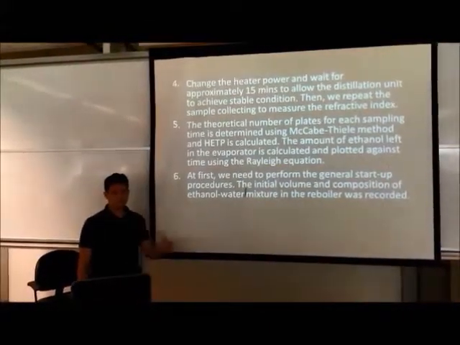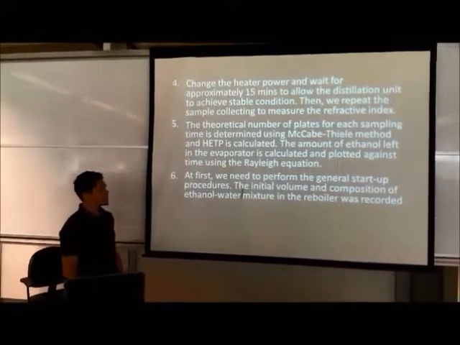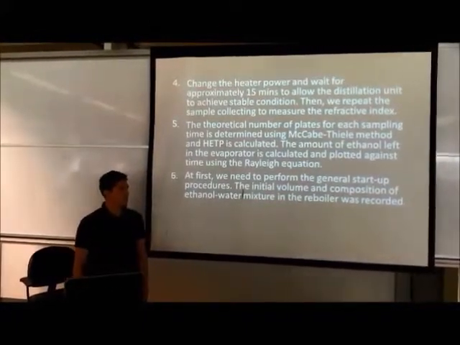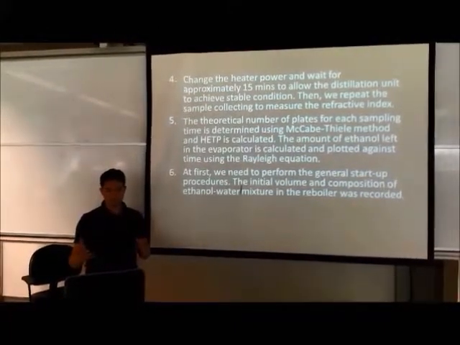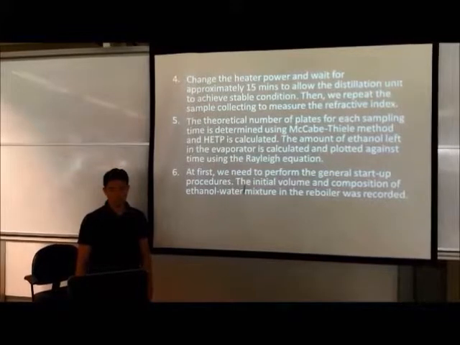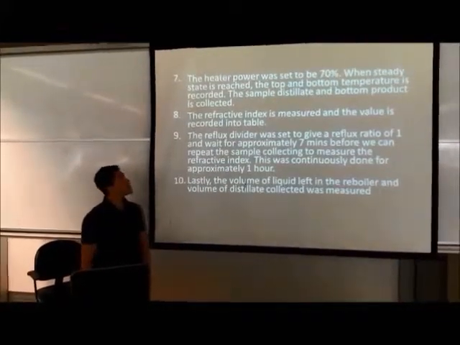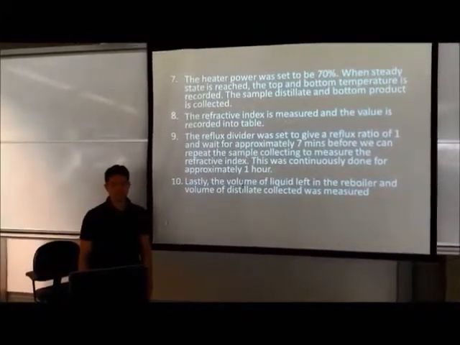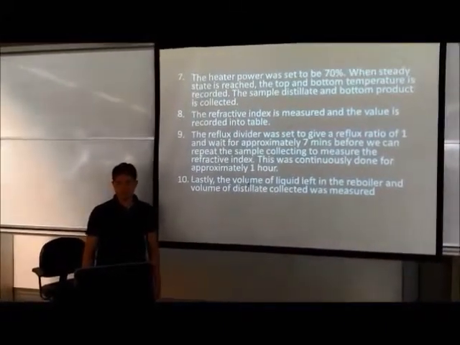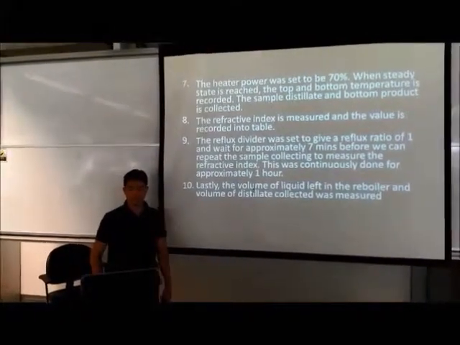First, like the first experiment, we have to perform the general startup procedure, and after that we can collect the initial volume and composition of the ethanol-water mixture in the reboiler. The heater power for this experiment is set to 70%, and we keep it until the end of the experiment.